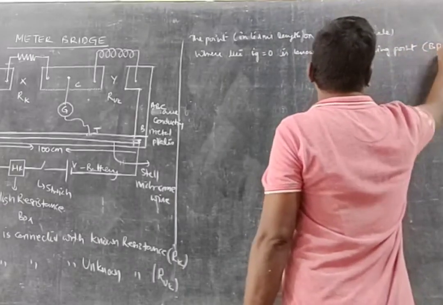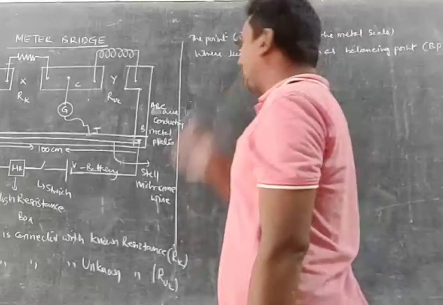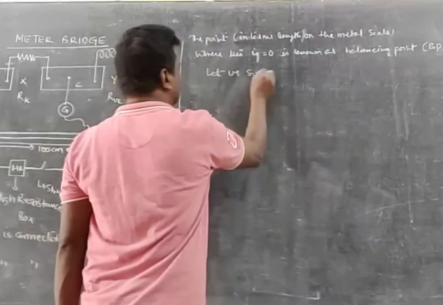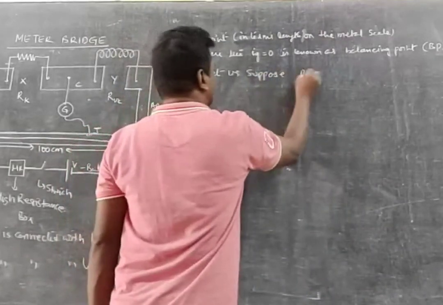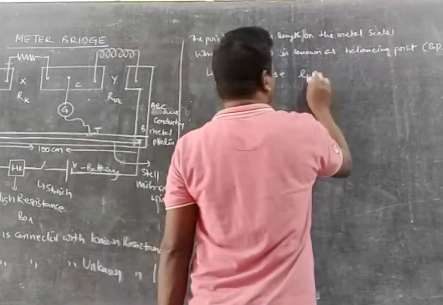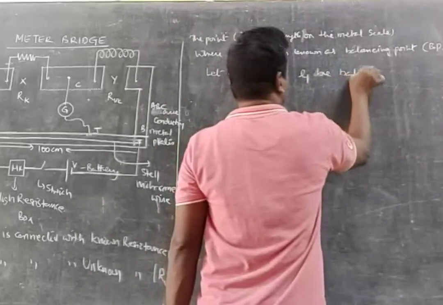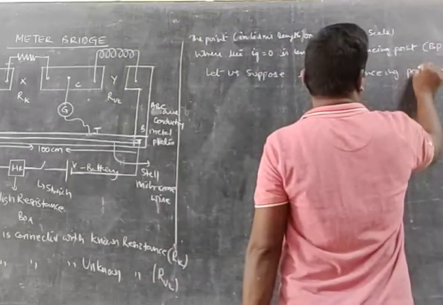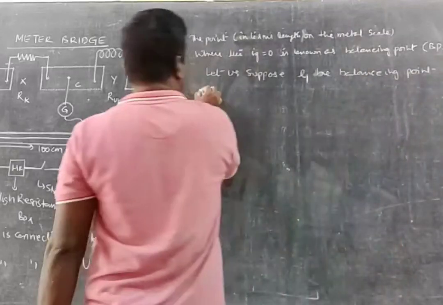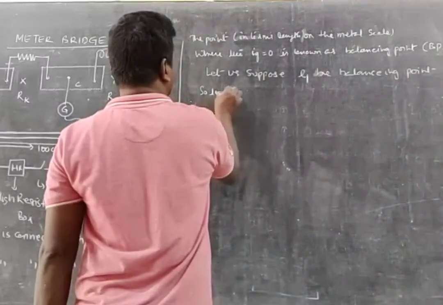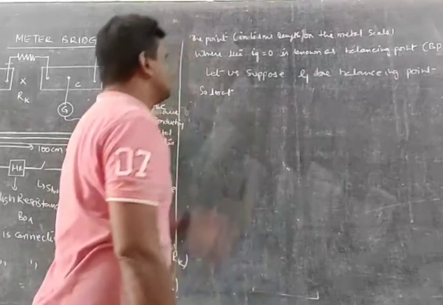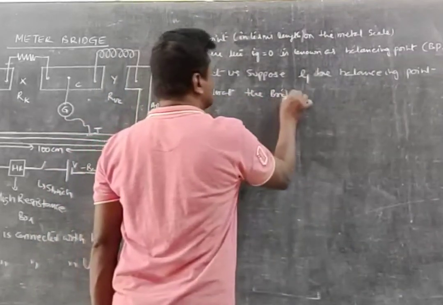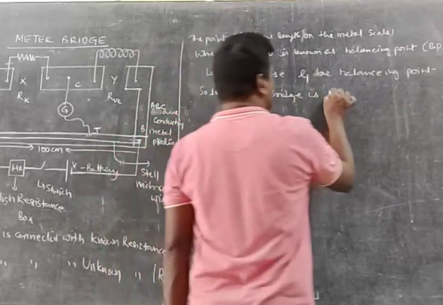BP, right? So let us suppose that L1 is the balancing point, so that the bridge is balanced.